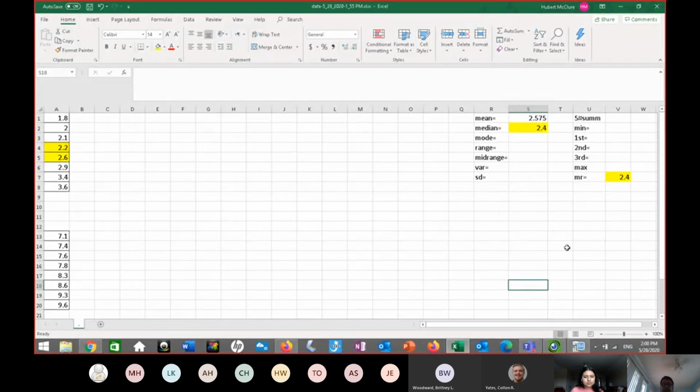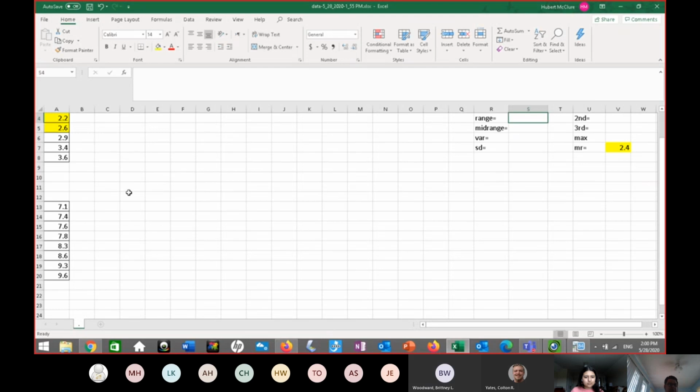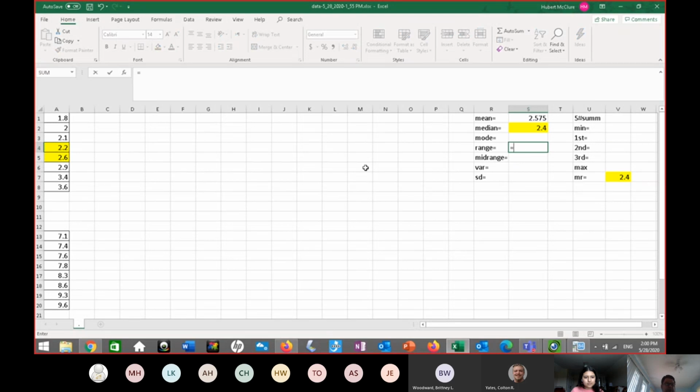So mode, I don't care about the mode. You pull that out if you want to. Range is equal to the highest minus the lowest. Equals this minus this.